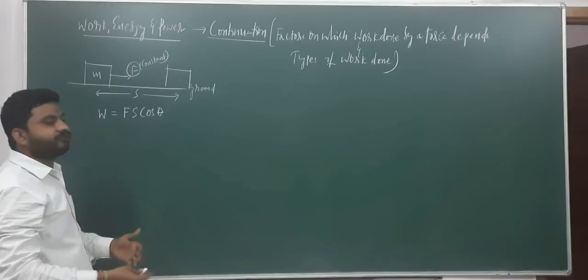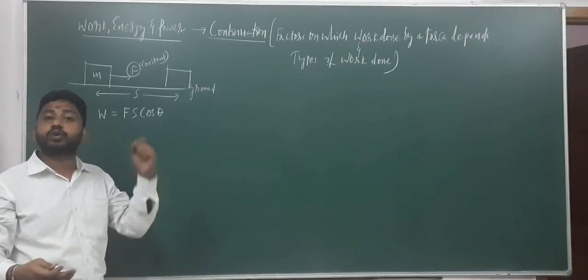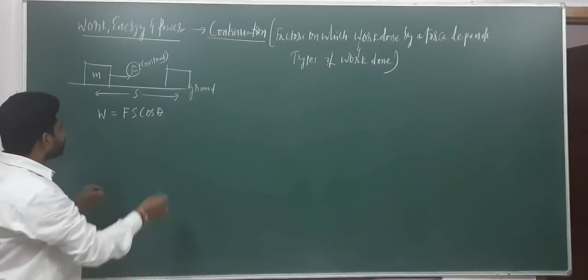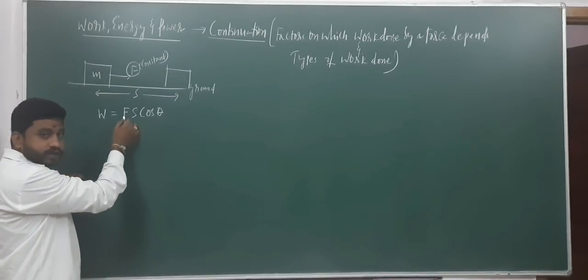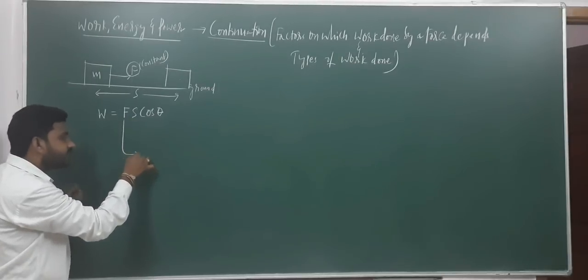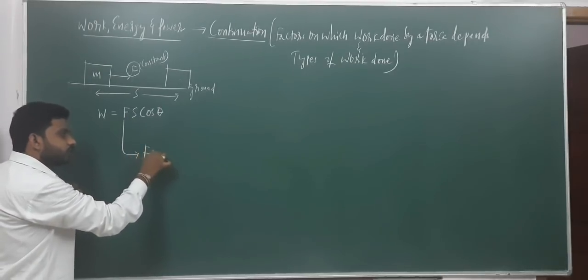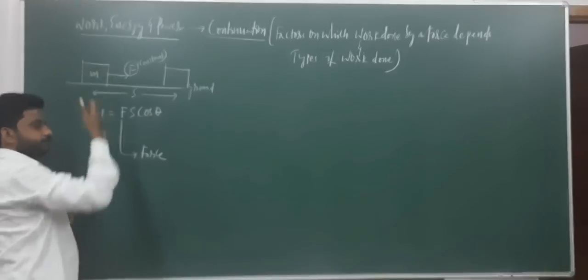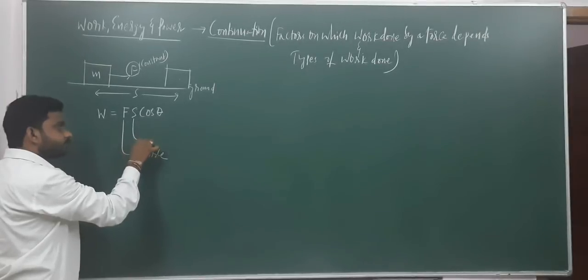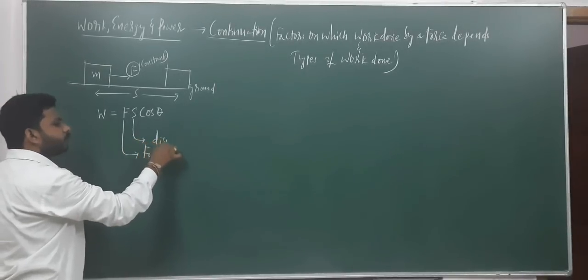Now, what is F, what is S, what is cos theta? You know already, but let us discuss once again. F is, carefully see, the force acting on the body. S is the displacement taken by the body.